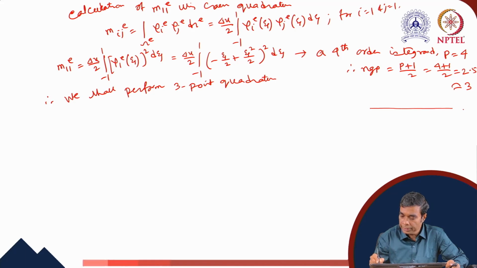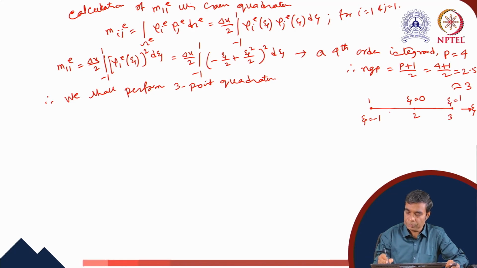Now, if we take our master element here, this is the natural coordinate, local coordinate xi equals minus 1 for local node 1, for the local node 2, xi equals 0, and for the local node 3, xi equals 1. We have 3 quadrature points. This quadrature point xi 1 equals minus square root of 3 by 5.